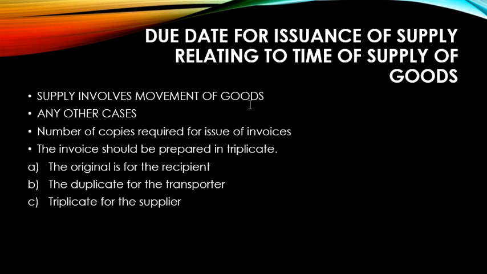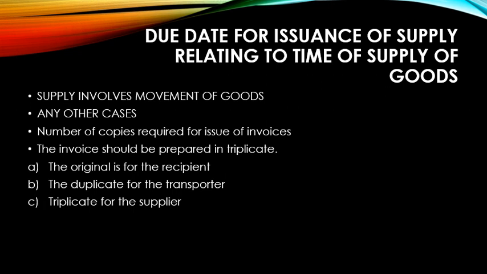Within 30 days, that invoice should be moved to the recipient. If the invoices are not moved to the recipient, the due date of issue of the invoice will be accounted as the date on which the recipient collects the goods from the supplier, or the day on which the supplier supplies the goods to the recipient.